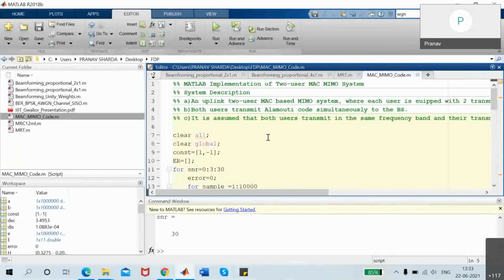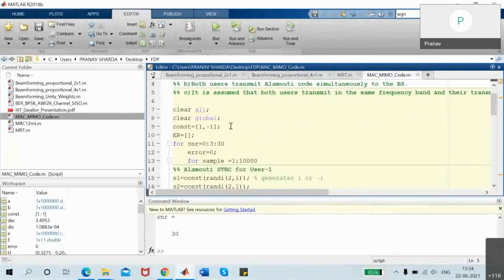Both users are transmitting the LMT code, utilizing the same frequency band, and their transmissions are perfectly synchronized. At the destination, the base station, we consider two receive antennas. Here we have, as usual, the BPSK constellation.